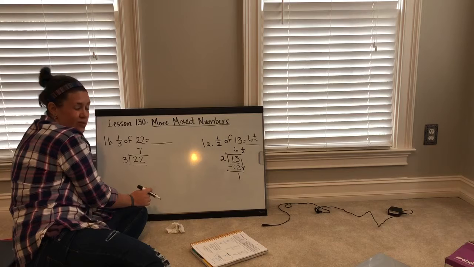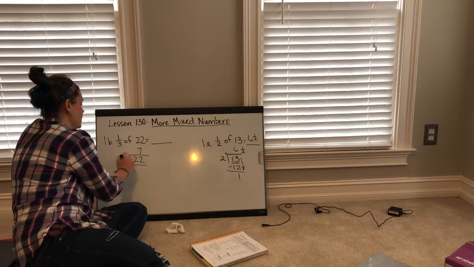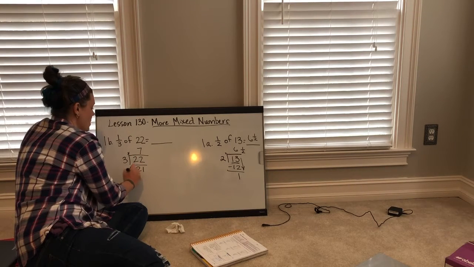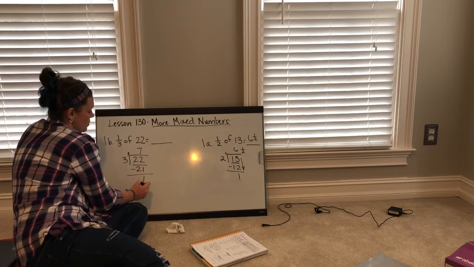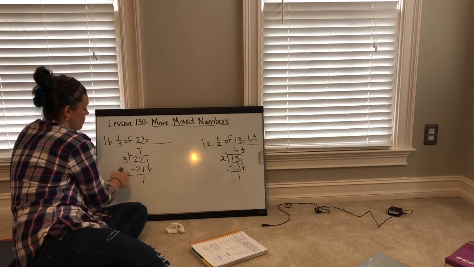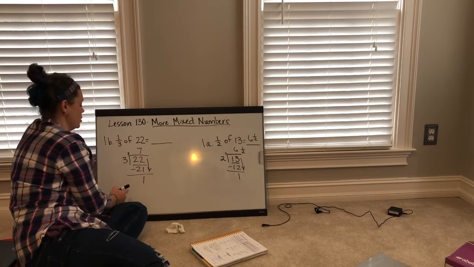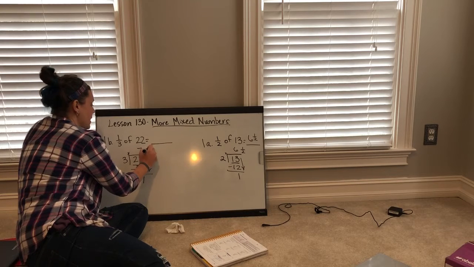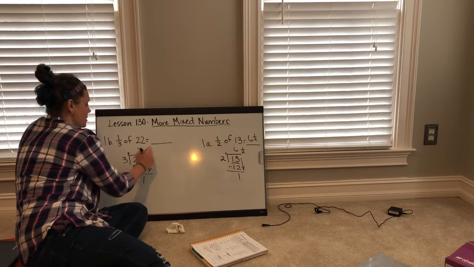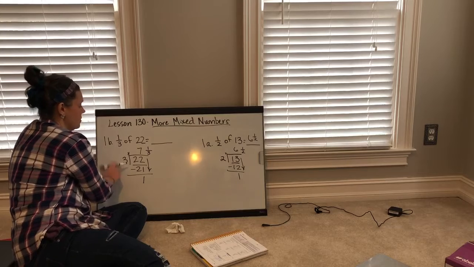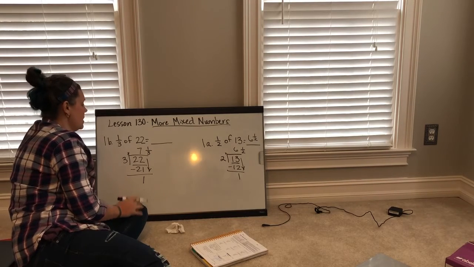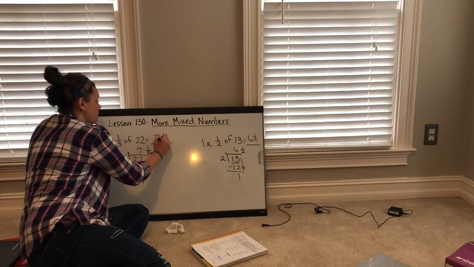I know 7, because 3 times 8 is 24. That's too big. 3 times 7 is 21. 22 minus 21 is 1. I have nothing left to bring down, and 1 is smaller than 3, so I'm on the right track. Now, I'm going to put my remainder as my numerator, and the number I divided by as my denominator. 7 1/3 is my answer.